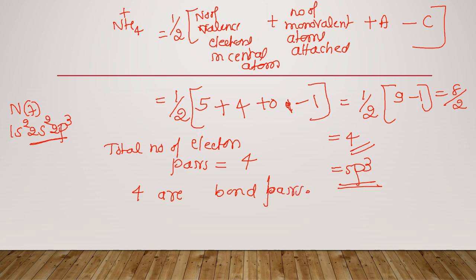Because to a single nitrogen atom, the 4 hydrogen atoms are bonded like this. The shape is tetrahedral. Why? Because the hybridization is sp3 and all the 4 are bond pairs. So we can write the geometry of the ammonium ion like this.